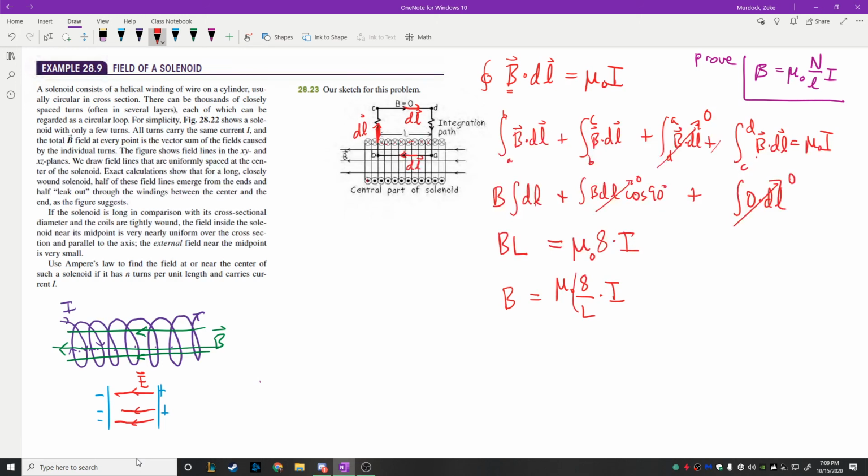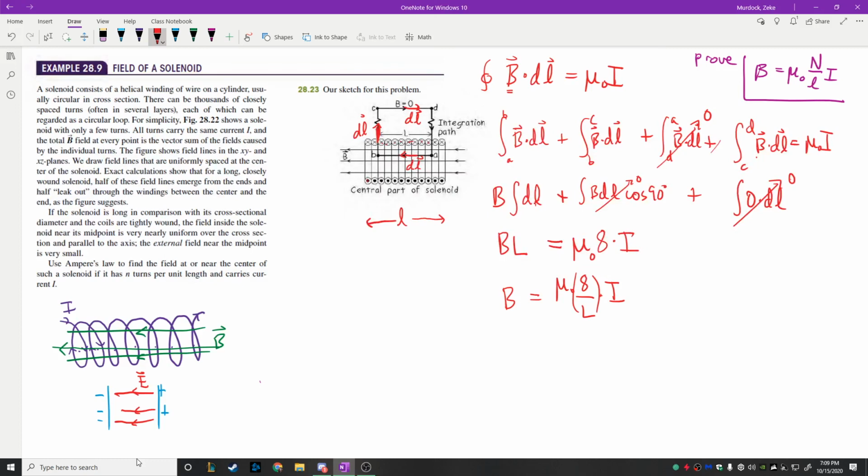So what does 8 over L represent then? Let's say that the entire solenoid has a length that we call this little curly L right here. 8 was the number of wires that we had coming out here, coming in there, and we divided by L. But I would argue that these things are equally spaced from each other.